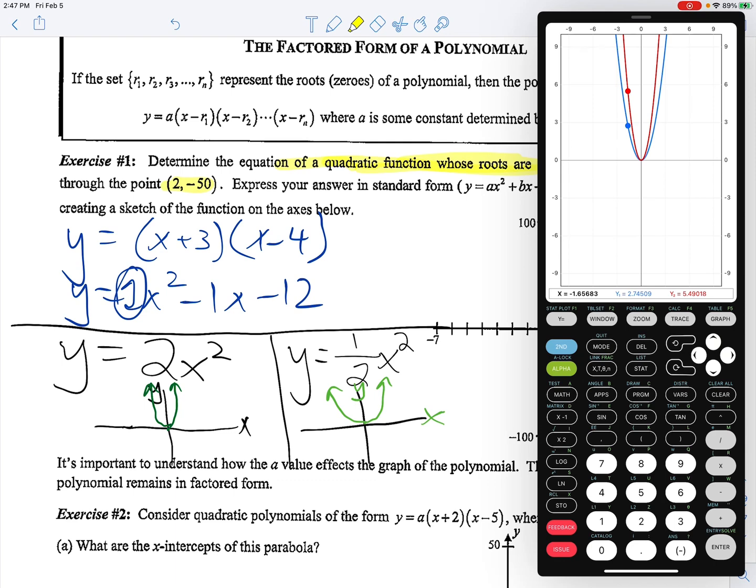And what's causing it to become more narrow than y equals x squared? This is something I think we'll get into a little bit in the next unit. It's that coefficient of 2 that causes that to happen with y equals 2x squared, to have it become closer to the y-axis.